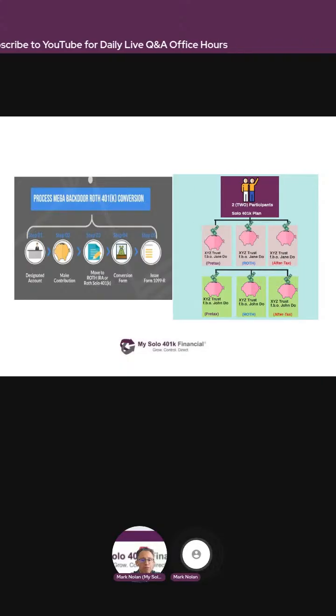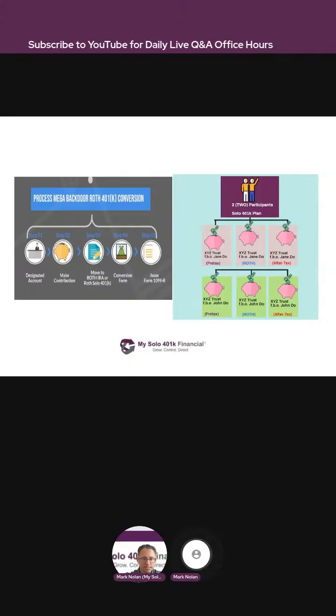Here's an example of a two-participant plan, which is often the case where both spouses are self-employed in the same business. So let's say Jake and Sally are self-employed in the same S corporation. So the S corporation sponsors the solo 401k plan. Jake and Sally would each have separate holding accounts under the solo 401k plan, resulting in a total of 6 separate bank or brokerage accounts.